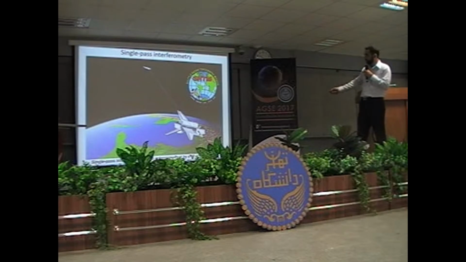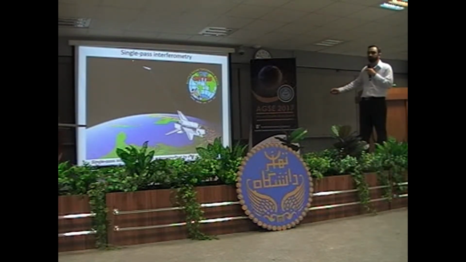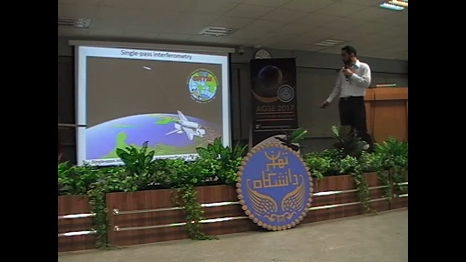The SRTM DEM is collected using single pass interferometry. There is a big antenna here, like a 90-meter antenna, and there are two receivers at the two sides of the antenna. Using this technology, it can collect the DEM of the area, the digital elevation model of the area.